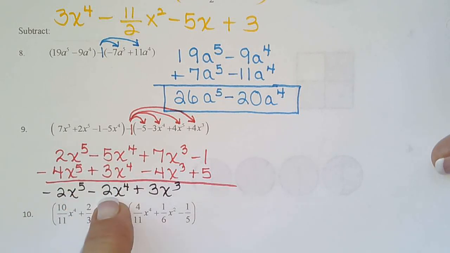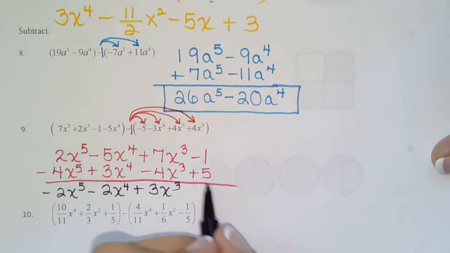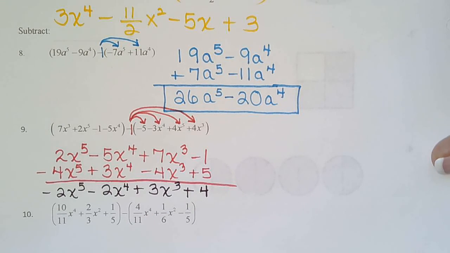Different again, subtract, keep the sign of the larger. So there's my answer. Notice it's all lined up perfectly in descending order. X to the 5th, x to the 4th, x to the 3rd, and the constant.